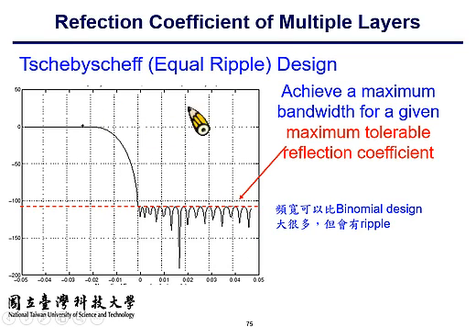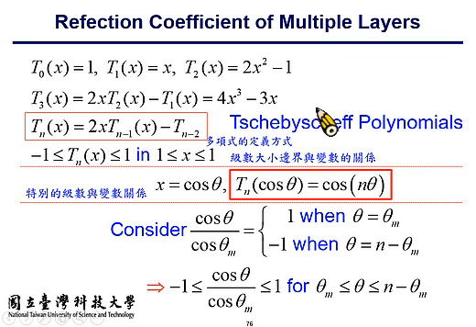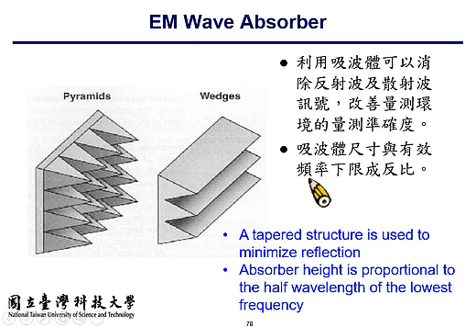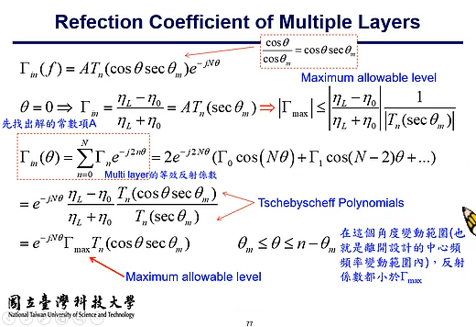So Chebyshev design is also referred to as equal ripple design. All right, I won't go into the details of Chebyshev design. It's derived from the Chebyshev polynomials, as you can see from its name. If you're interested, you can look into this.